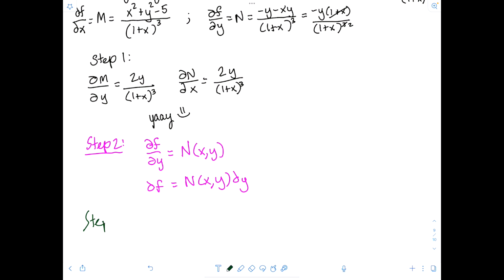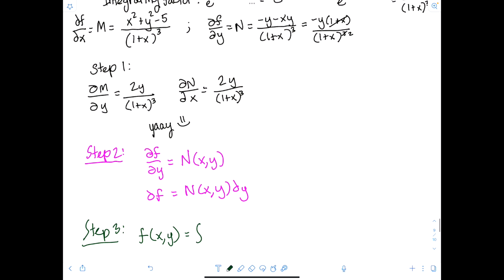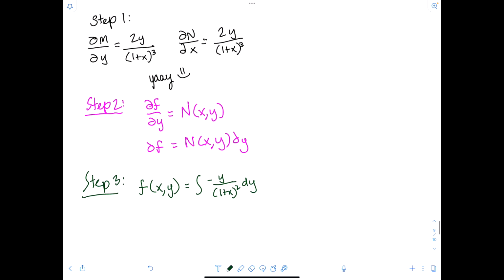Step 3, completing that integration, we'll get f in terms of x and y, or just f, whatever you feel like, is going to be the integral. So what was our n? It ended up being negative y over quantity 1 plus x squared, and then we're integrating with respect to y.